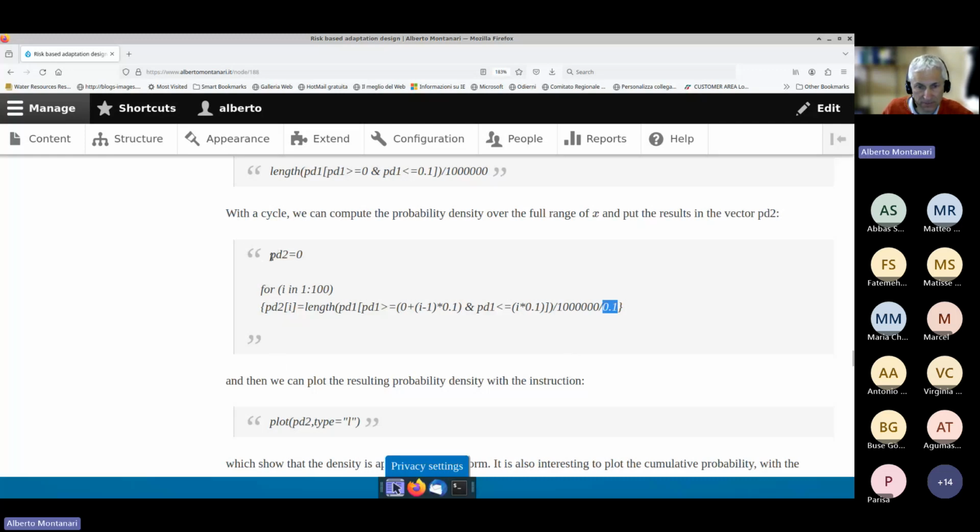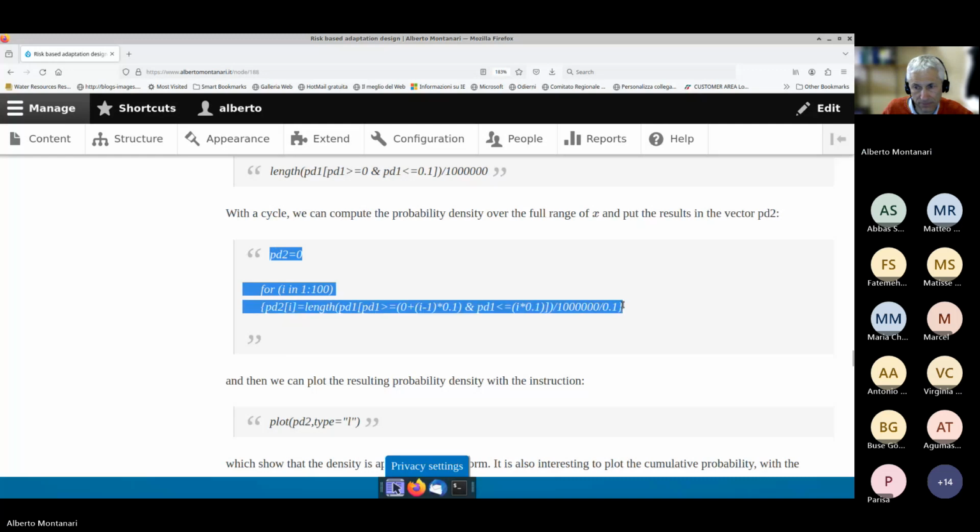So let's copy it. One second, here the instruction in the for cycle is included between curly brackets, okay? I suggest you to always do that because the curly brackets identify the content of the for cycle.